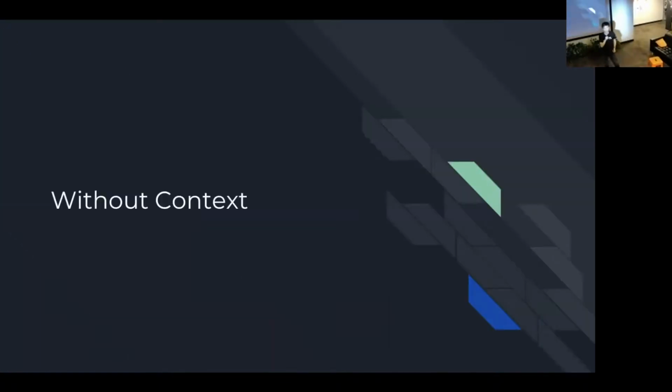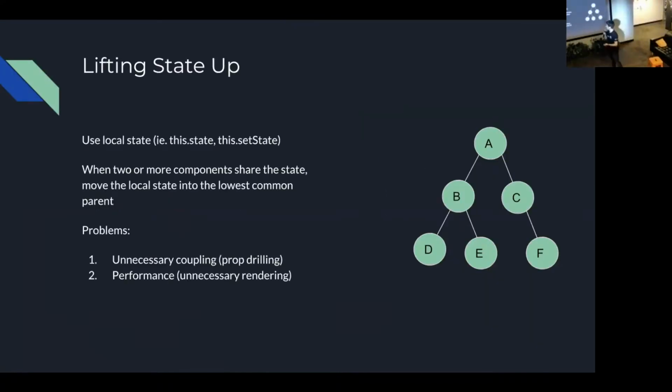Before we get into context, I found that a lot of people actually don't really understand context. So I want to explain what you will generally do without using context. If you use React for a while, you might have heard of lifting state up. This is what you do when you have a state that is shared between two components.